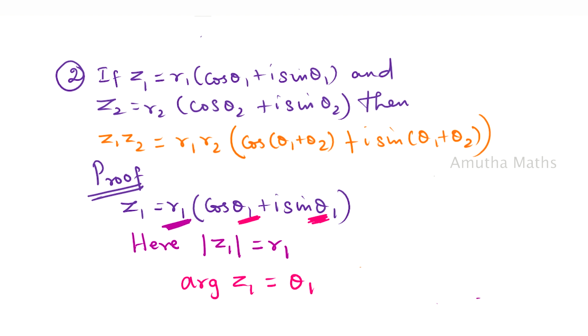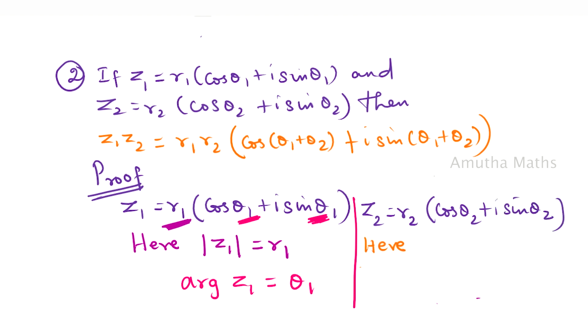Similarly, Z2 is equal to R2 into cos theta 2 plus I sin theta 2. Now, what is the modulus of Z2? R2 is the modulus of Z2. What is theta 2? Theta 2 is the argument of Z2.